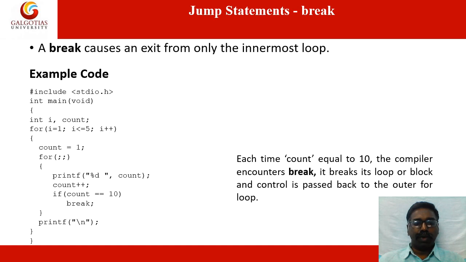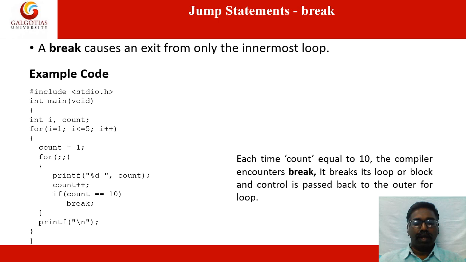So inside that we are going to print the count value, and then we are going to increment the count value, and then in an if statement we are going to check count is equal to 10. If it is equal to 10, then we are going to break, and then outside the innermost for loop we are having a print with an escape sequence \n to print the new line, and then we are having some closing braces to close the outermost for loop and then main.